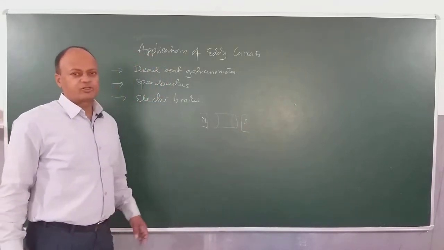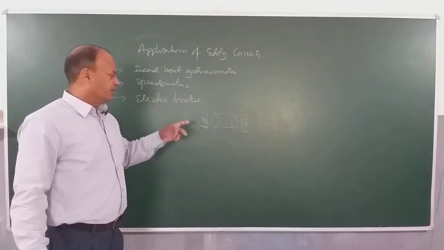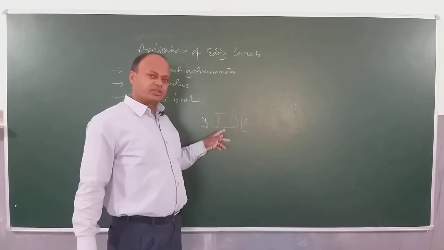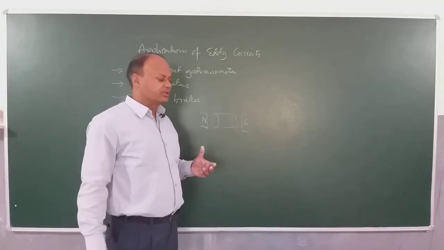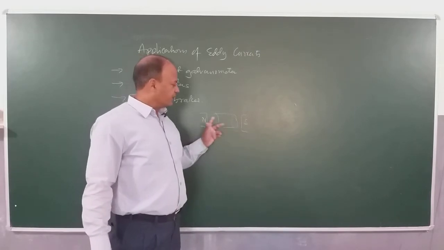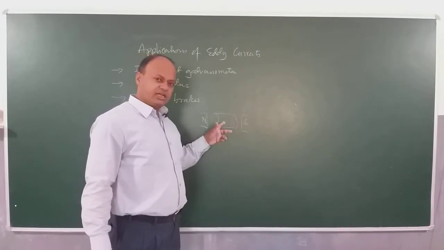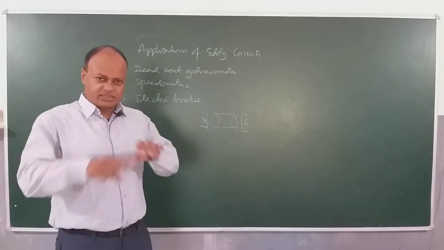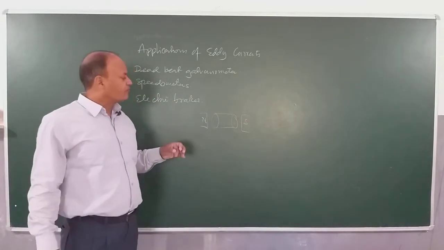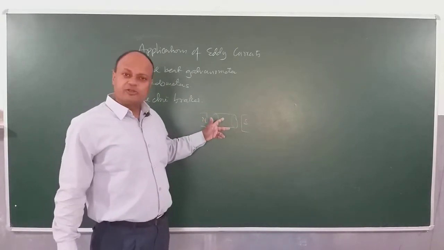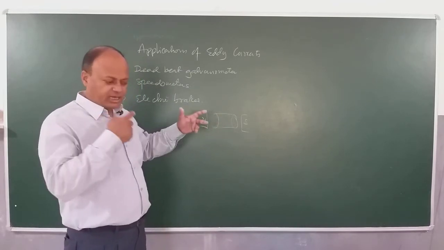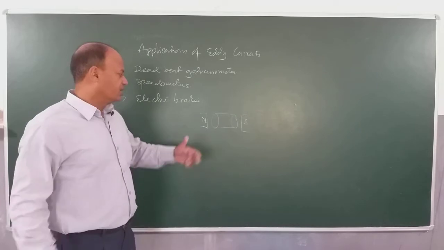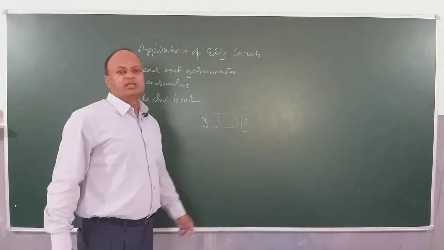So when the driver wants to stop the train, he applies a current across the poles of the electromagnet. When magnetic lines of flux will pass through the cylinder which is rotating along with the what? Wheels, it is on the same axle as the wheels, then eddy currents will be produced which will prevent the rotation of the cylinder, and they will apply what? A counterbalancing torque, and within no distance the train will come to stop.